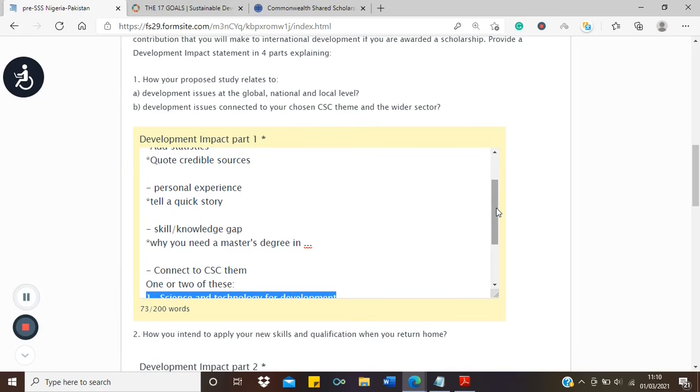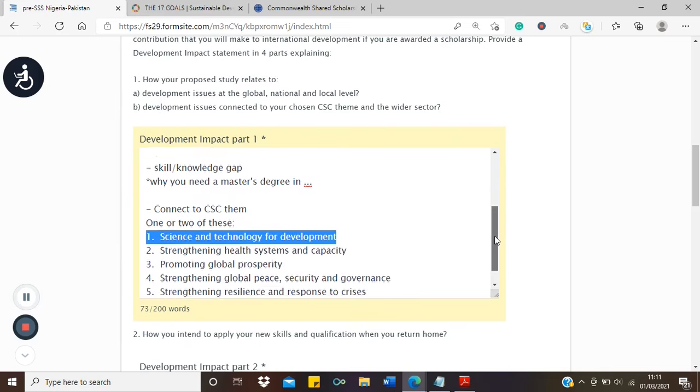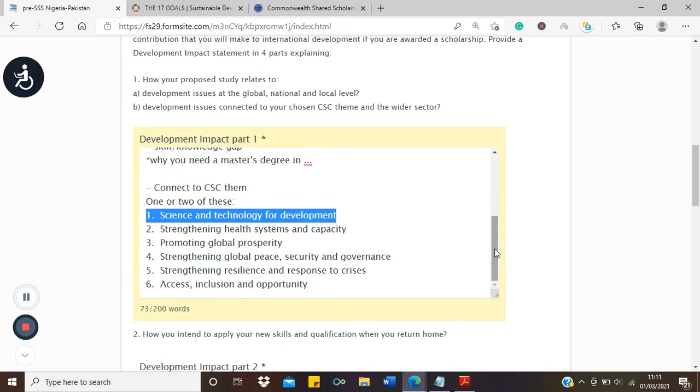You could tell a very quick story related to the issue you're looking at. Then admit the problem of a skill gap, and that is why you need a master's degree to help you with these skills that your team lack or that you lack. Then connect them to these themes, these Commonwealth Scholarship themes, as the question requires.